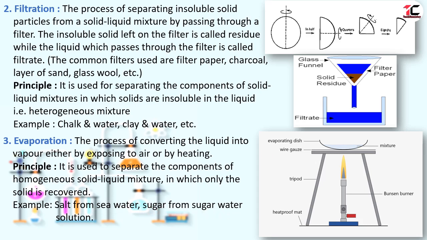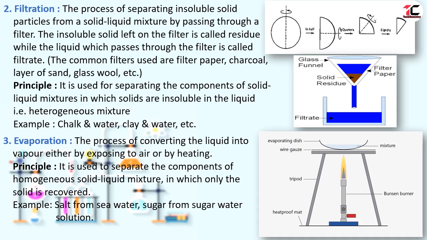Let us see in the diagram. Here we have taken a mixture of salt and water or sugar and water, any type of mixture we can take, and it is kept over the wire gauze so that it does not get heated directly. Now it is heated by a Bunsen burner.